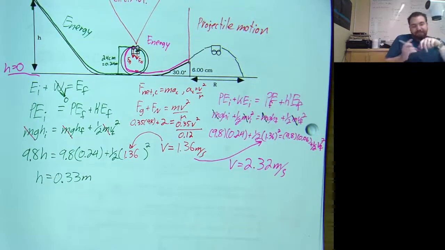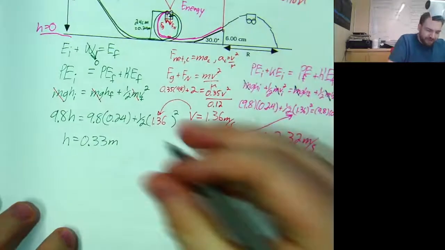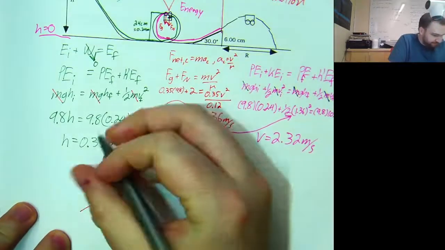Now what? Now this thing becomes a projectile. So, should I redraw that? Yeah, let's redraw it, just down here to make our life a little bit easier. So this is the situation we've got.